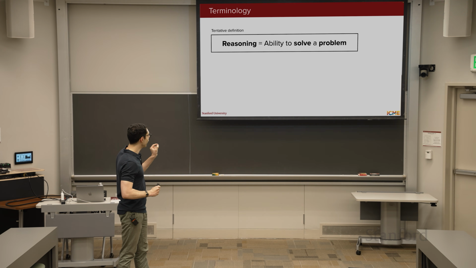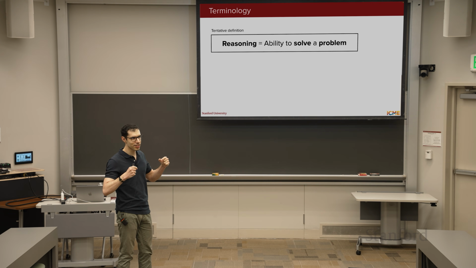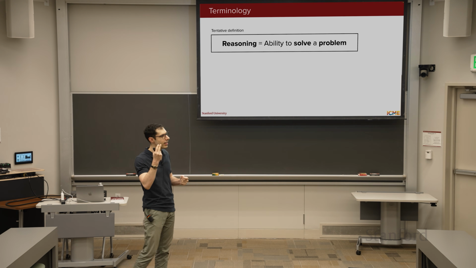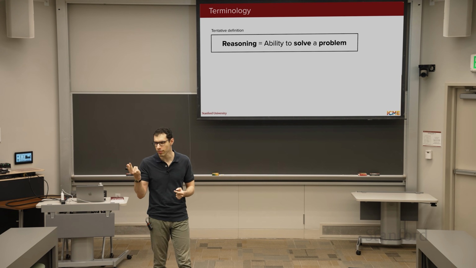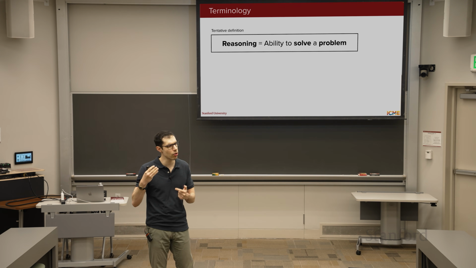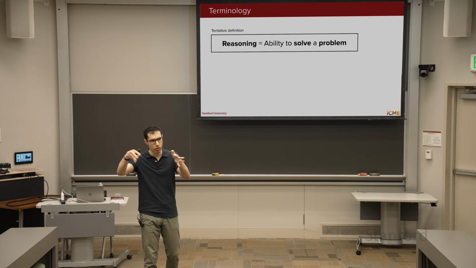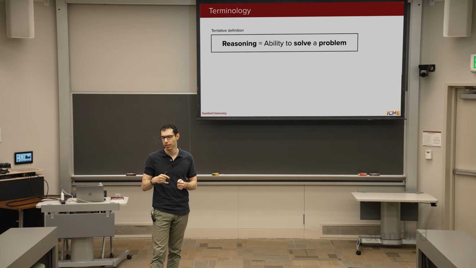Here we define reasoning as the ability to solve a problem. And by problem, we typically think more of math problems or coding problems. But hopefully these abilities can also spread to other fields as well.